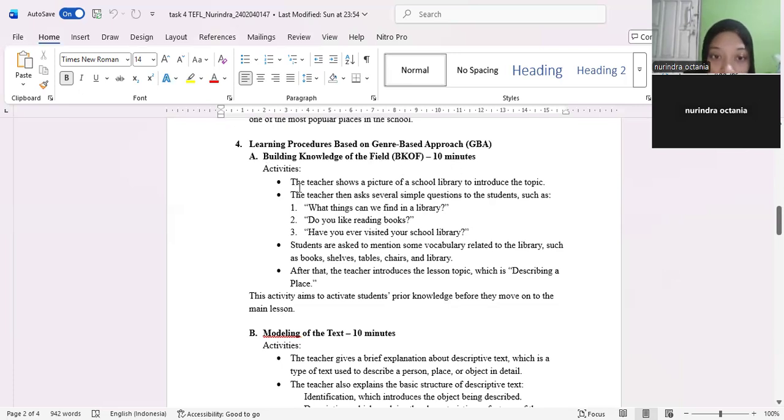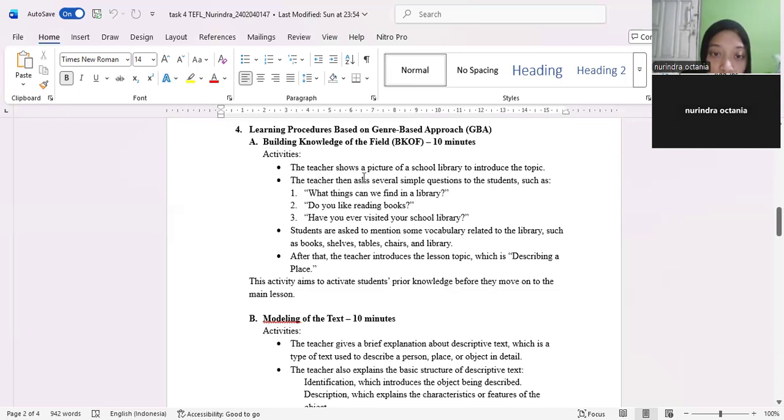In the activities, first, the teacher shows a picture of a school library to introduce the topic. Second, the teacher asks several simple questions of the students, such as, what things can we find in the library? Do you like reading books? Or have you ever visited your school library?